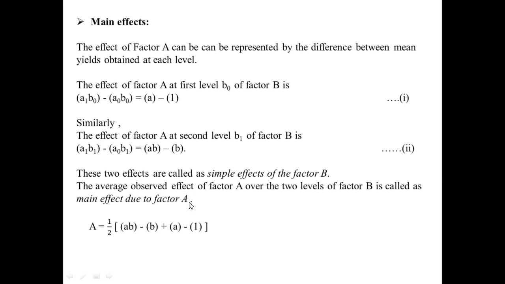So the main effect of factor A is the average of the effect of factor A at different levels of factor B. The main effect is denoted by capital A, and it is the average of the effect of factor A at two levels of factor B. So take the average of equation 1 and equation 2, and we get the main effect for factor A, denoted by capital A. It equals 1 upon 2 [(ab) minus (b) plus (a) minus (1)].